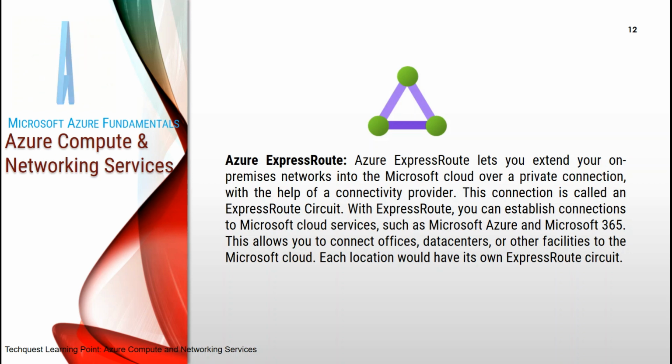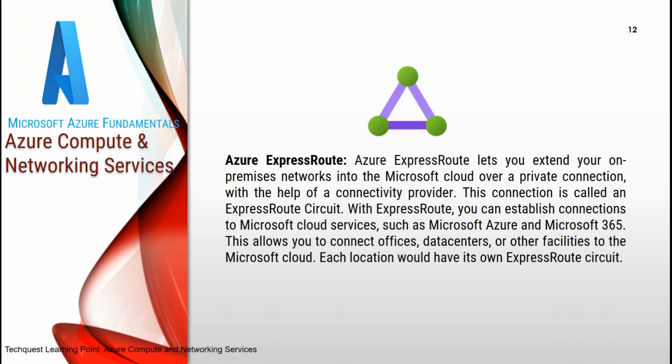This allows you to connect offices, data centers, or other facilities to Microsoft Cloud. Each location would have its own ExpressRoute circuit. Connectivity can be from an any-to-any IP VPN network, a point-to-point Ethernet network, or a virtual cross-connection through a connectivity provider at a colocation facility.